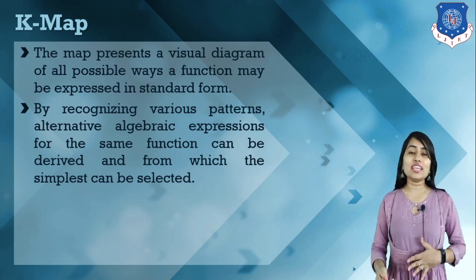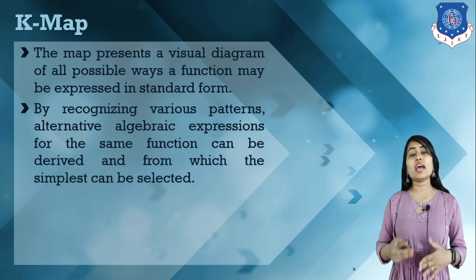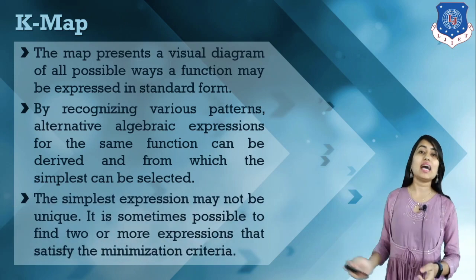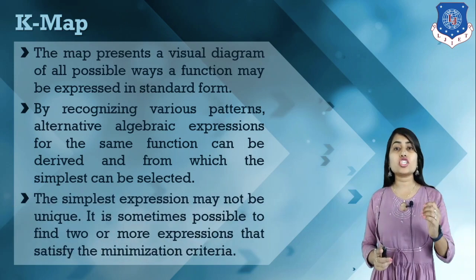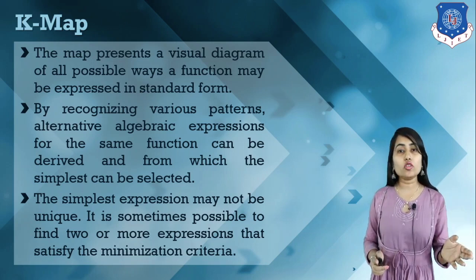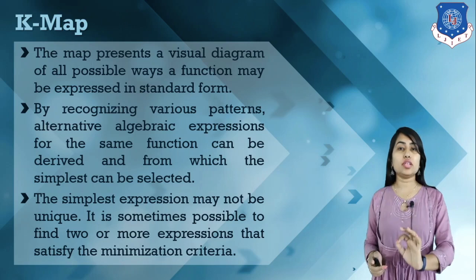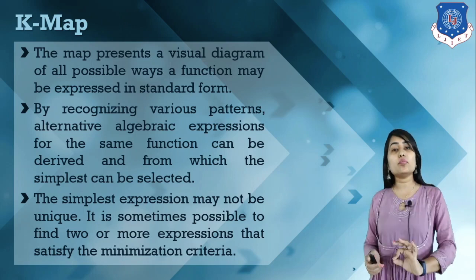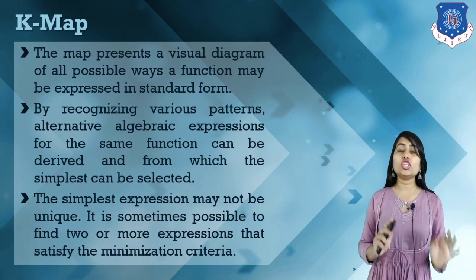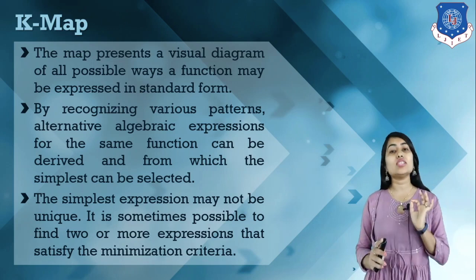It is not necessary that in a K-map we have a unique answer. It may be possible that for one logical function we have different outputs, and each is in a simplified form. So it is not necessary that we have a unique answer, but yes, we have a simplified answer.